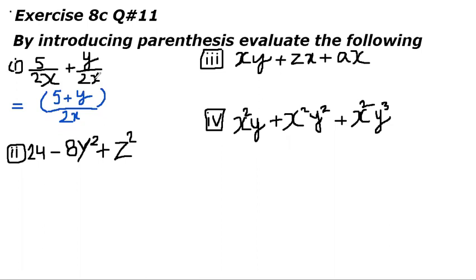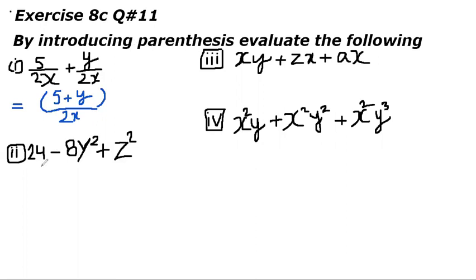The denominator will be written one time, and we can add the numerators. One more time I will explain it: these are like fractions, the denominator will be written one time, and 5 plus y shows that we can add the numerators, and we will write it in parentheses. This is how we will introduce the parentheses.